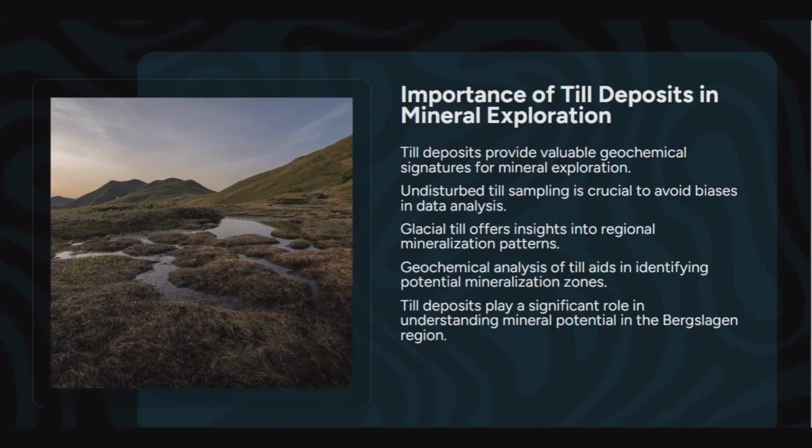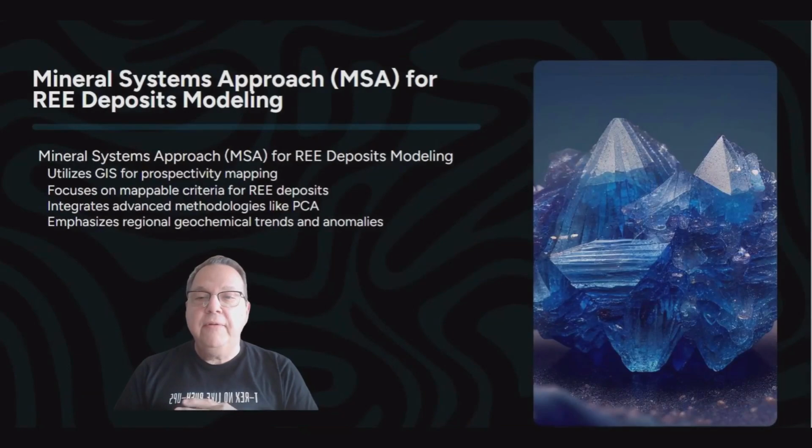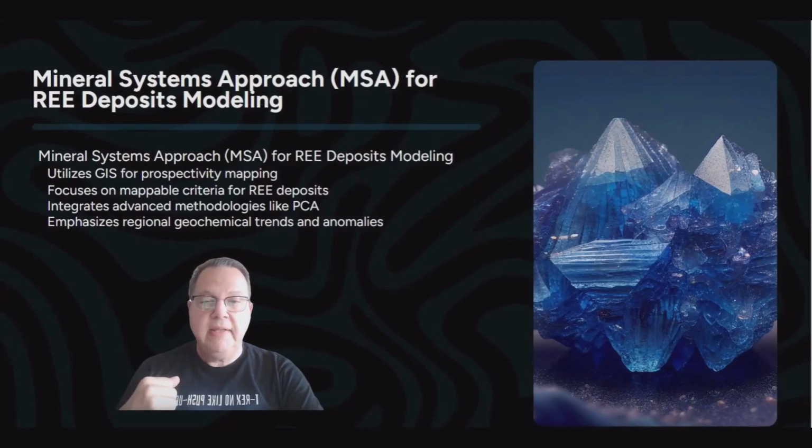identifying potential mineralized zones. The authors used what is called the mineral system approach for the rare earth element modeling. They utilize GIS and focus on mappable criteria for rare earth elements, including the use of principal component analysis, which is the main technique they use for processing the data.